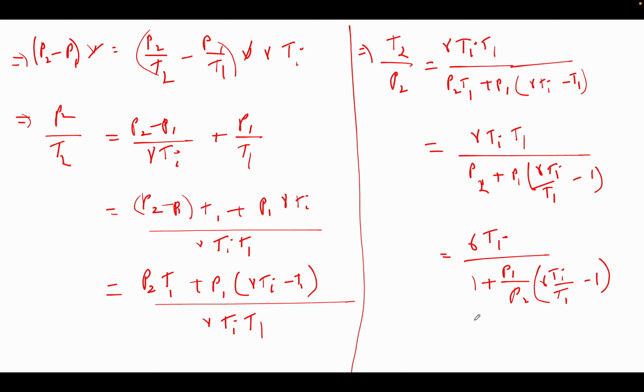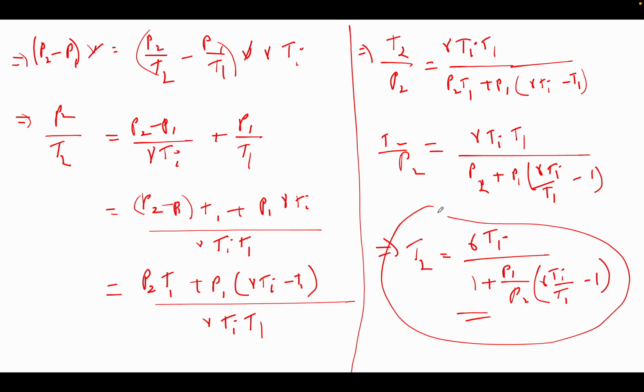Now this is the final expression for T2 by P2, and you put this as T2. So this is the final expression for the temperature in all the states.